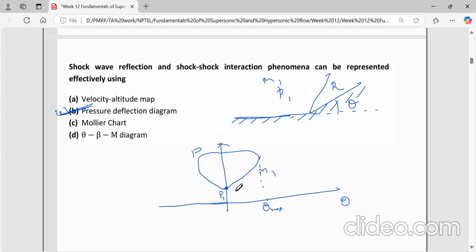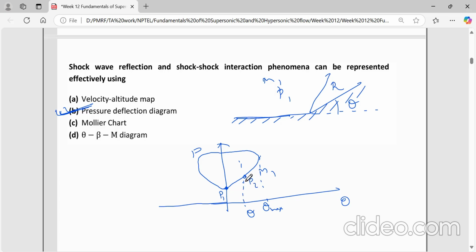So this will give the value of pressure at different angles. Let's say the angle is theta, then this will be the P2 value.